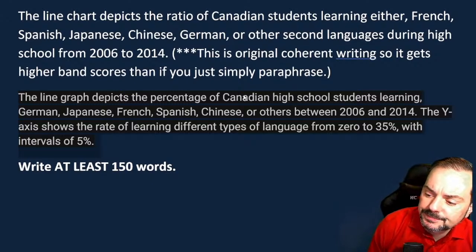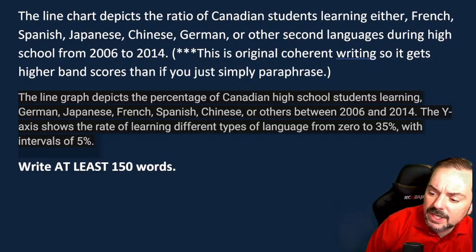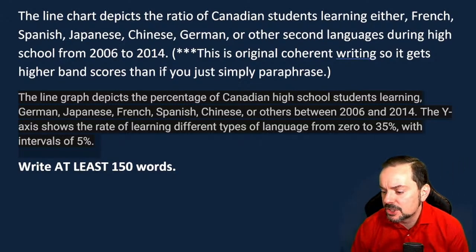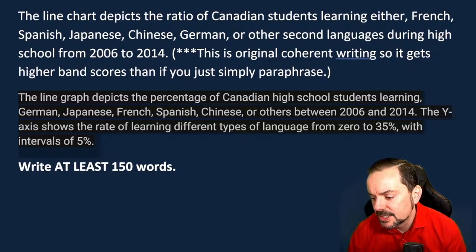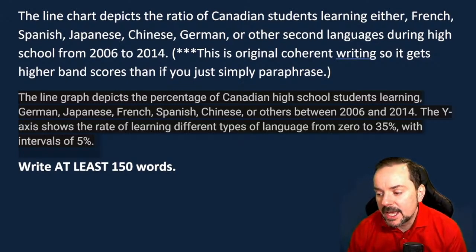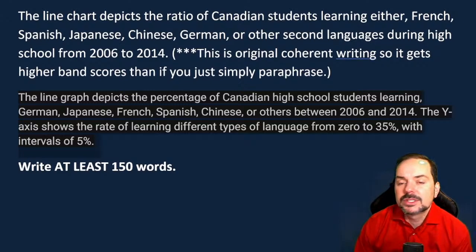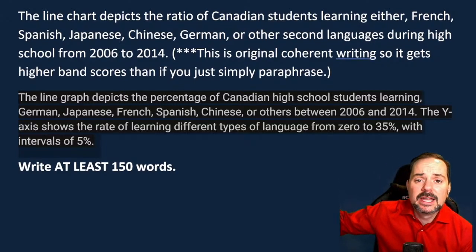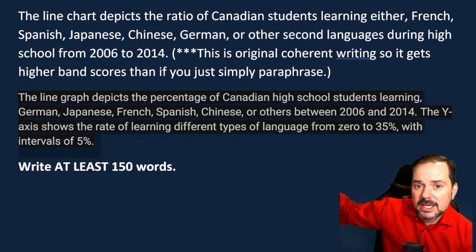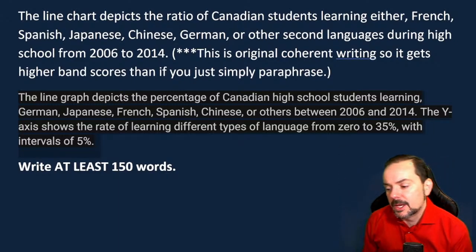All right. Rashika, the line graph illustrates the proportion of Canadian students learning various languages, French, Spanish, Japanese, Chinese, German, and other in secondary school in 8 consecutive years from 2006 to 2008. Yeah, it's good, Rashika. Students, other should come at the end of that list when you have your specific languages and then other, okay?